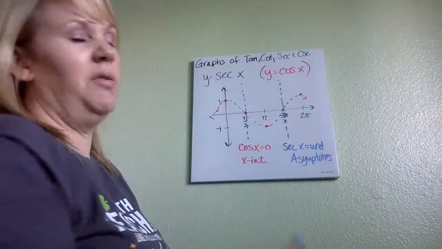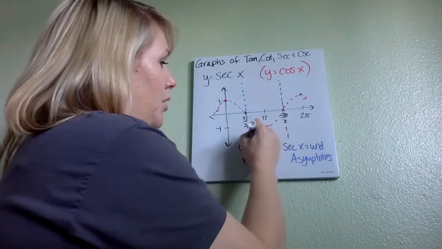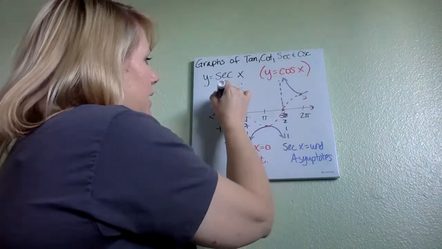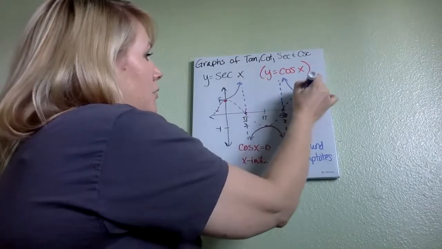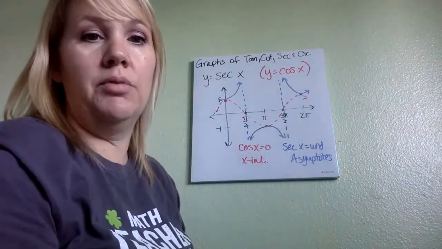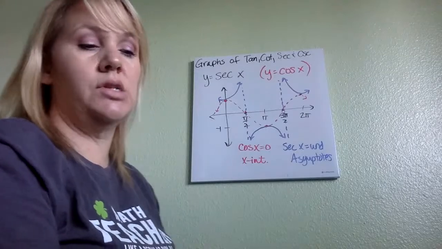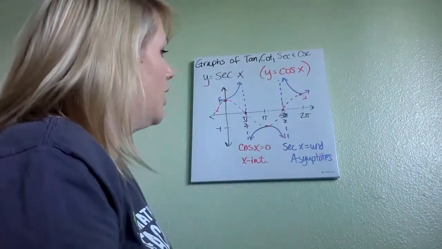And then again, you kind of flip that and create kind of parabolic shapes here. I'm going to get half of one on this side and half of one on that side for one full period. And again, the blue is the secant function. The red is just a tool. The cosine is just a tool to help us make the graph of the secant.